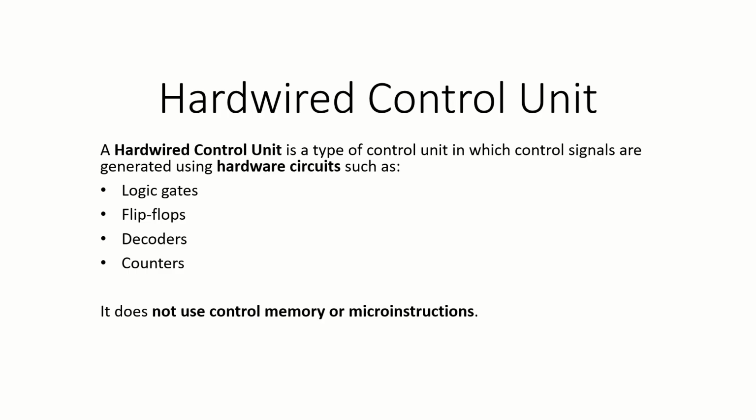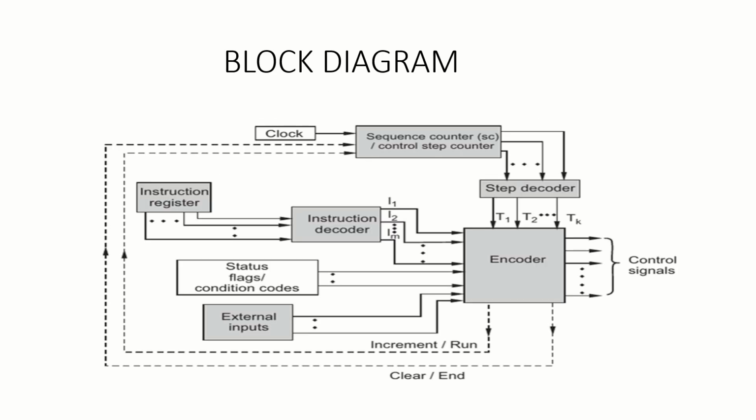As I told you, hardware control units use hardware circuits, logic gates like AND, OR, NOT, the universal gates, XOR, flip-flops like D flip-flop and T flip-flop, encoders, decoders and counters. It does not use control memory or micro instructions.